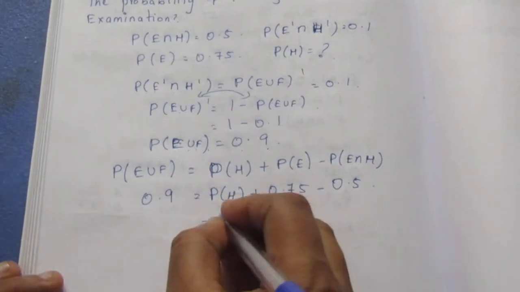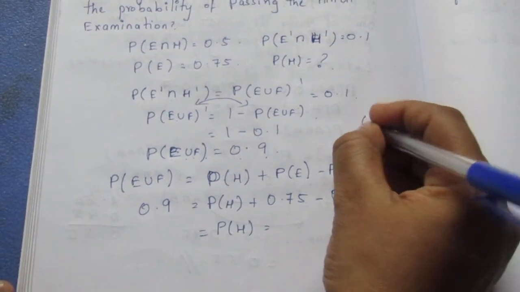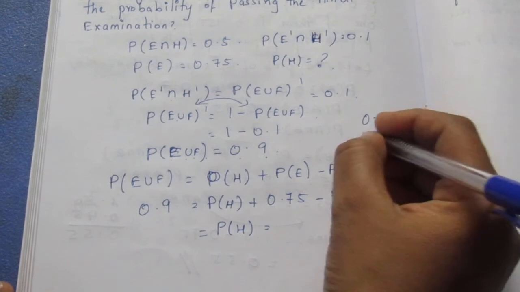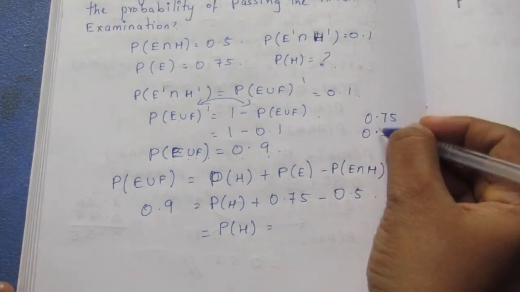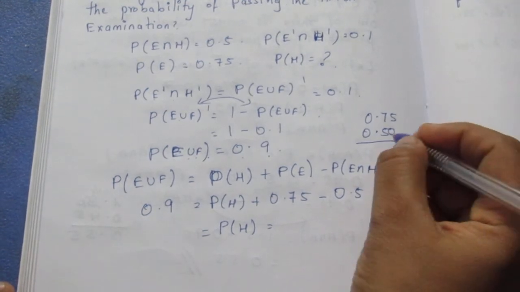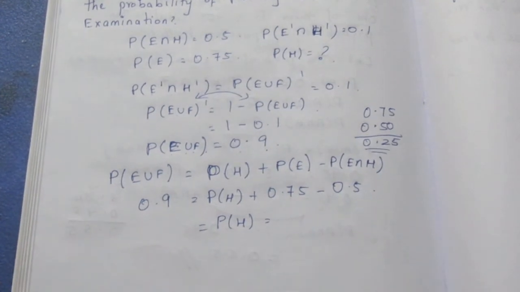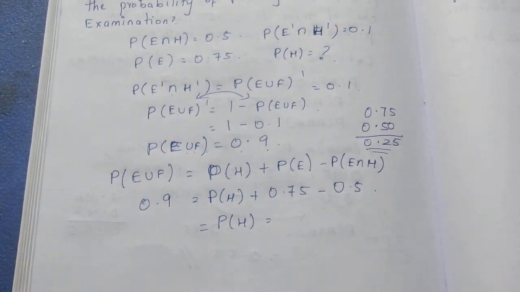Solve this too. This is not 0.7. See here, it is 0.75 minus 0.5. All the decimal points should be together, so it becomes 0.50. If we subtract here, it becomes 0.25, not 0.70, because most of the students write it to be 0.70.